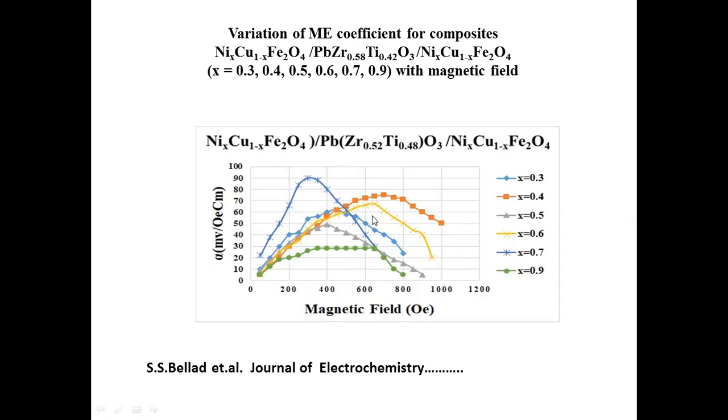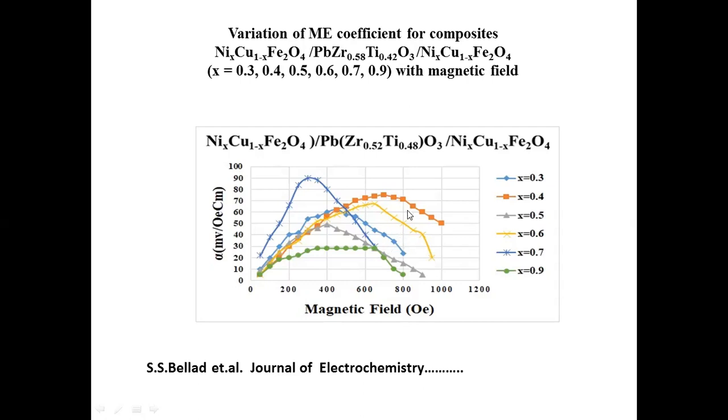But beyond this limit, these curves are coming down because the saturation takes place. That means whatever the magnetostriction is there, it reaches its maximum value, and beyond that, the magnetostriction effect decreases because it doesn't follow the applied field.